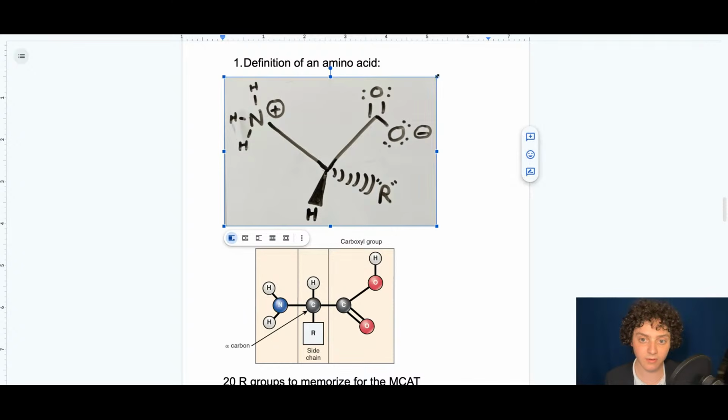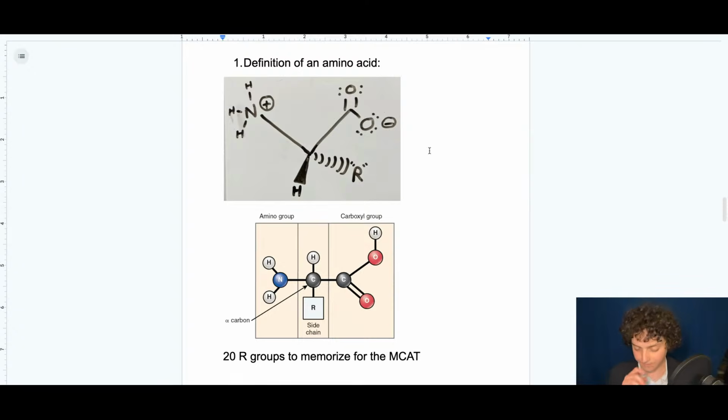But let's stick up here for a second. There is a vocab word that we use when we're talking about a molecule that has charges, but whose charges cancel each other out, such as this one. And that is a Zwitter ion.